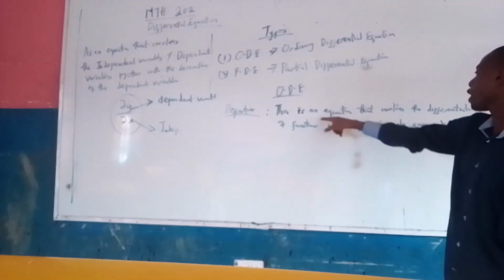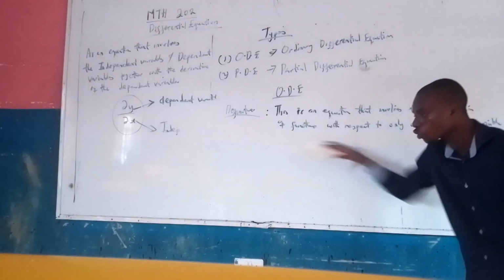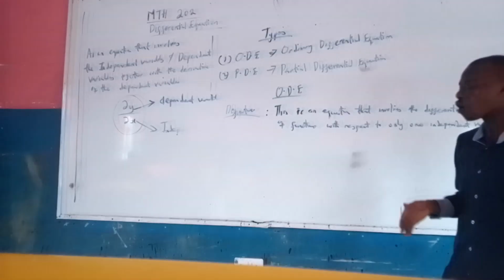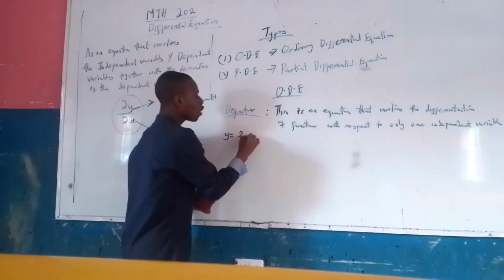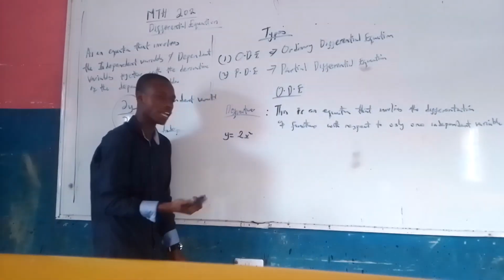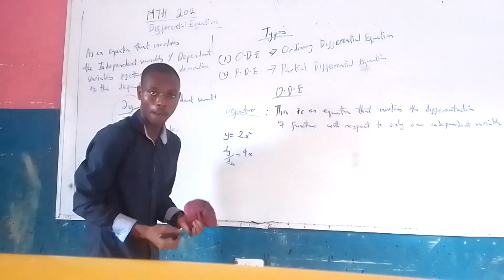That is, if we have an equation and we want to differentiate a function, maybe y is equal to 2x squared, just like I said earlier. If you do dy/dx of this, it will give you 4x.